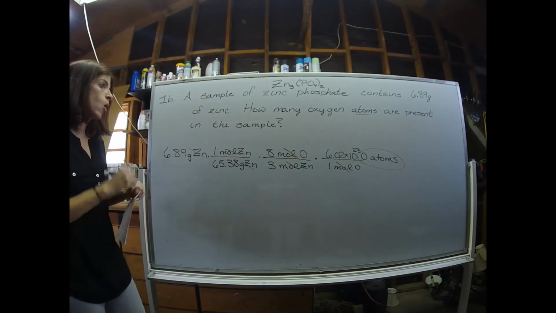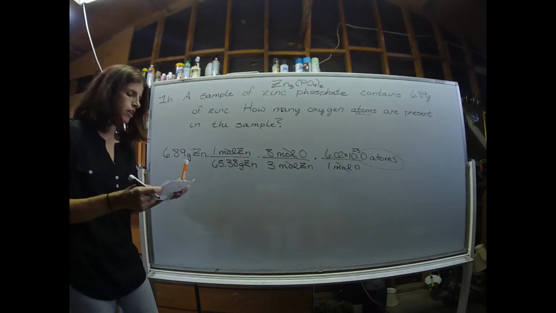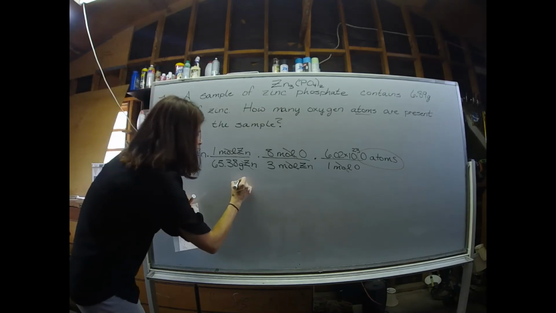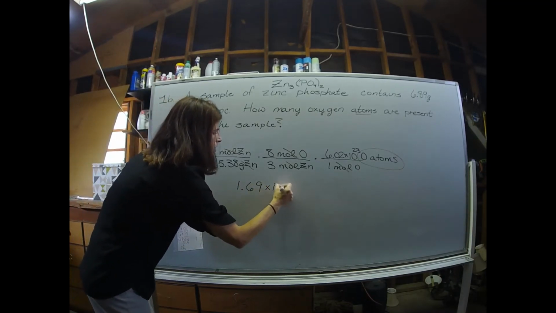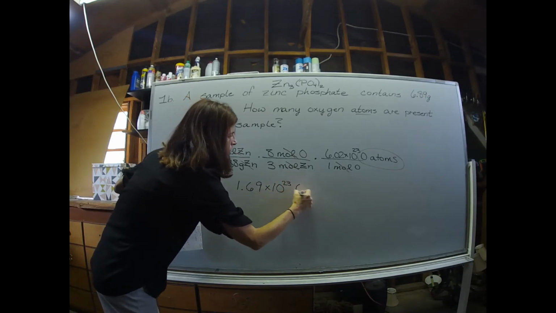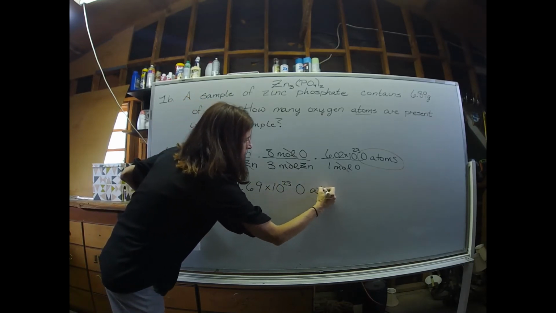Alrighty, so plugging all of this into my calculator, I got 1.69 times 10 to the 23rd oxygen atoms.